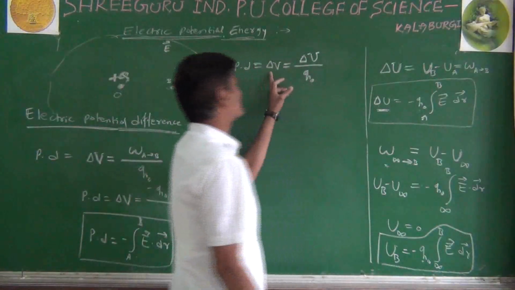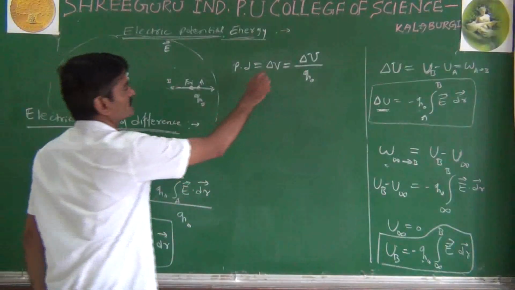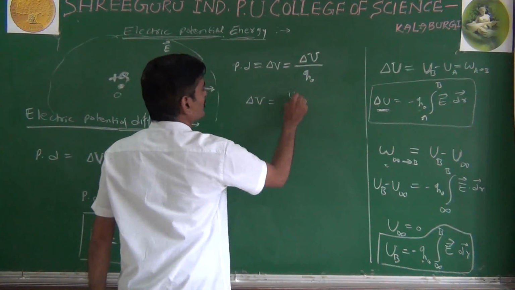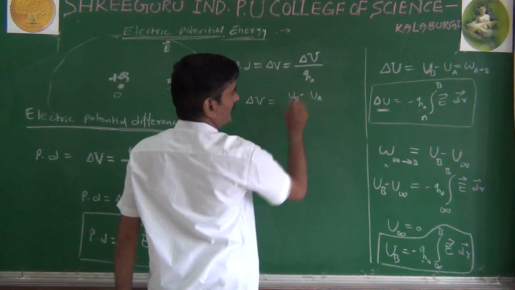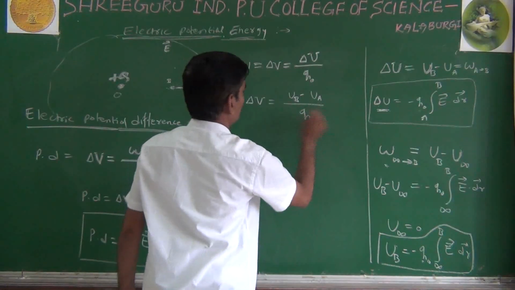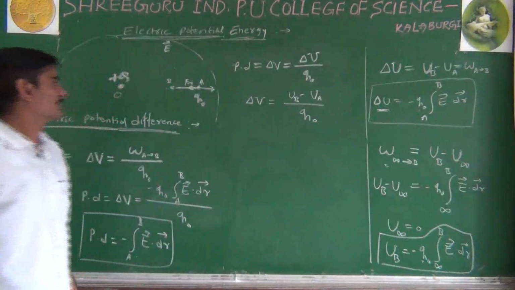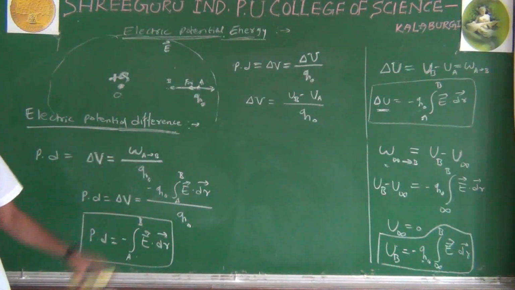So delta V is equal to UB minus UA divided by Q naught. Understood? So this is electric potential difference.